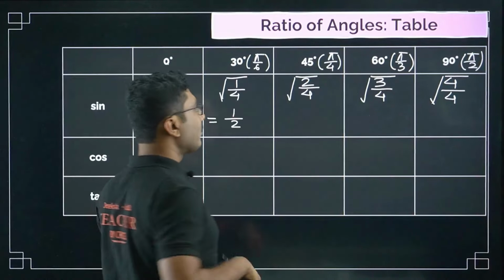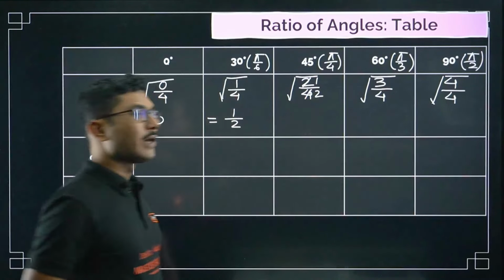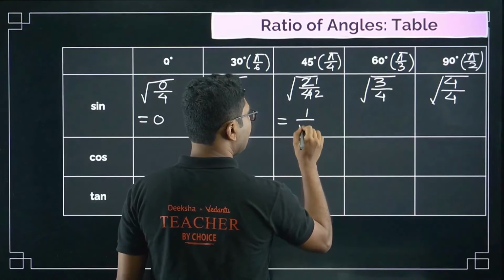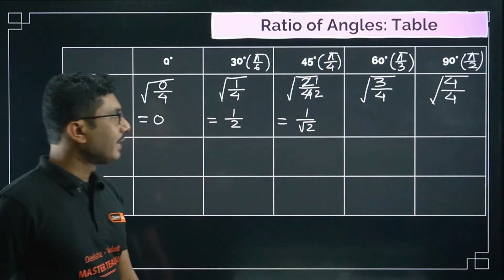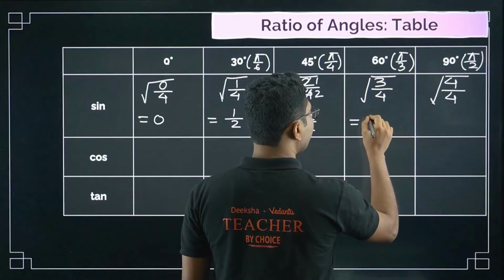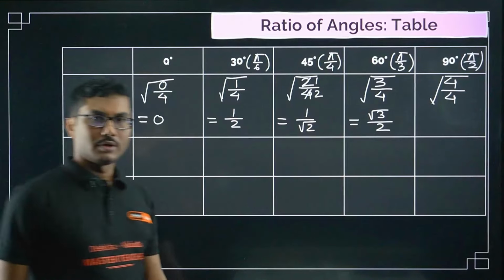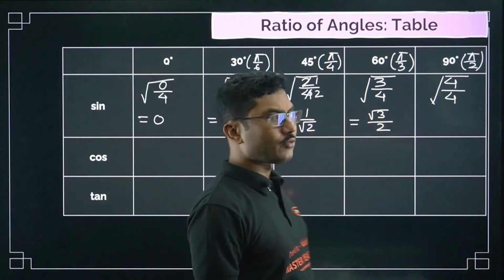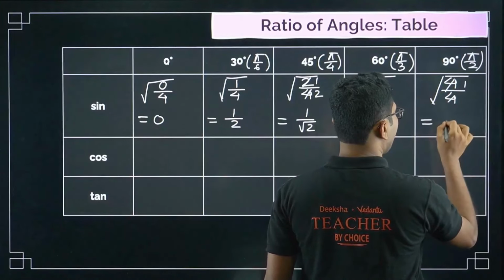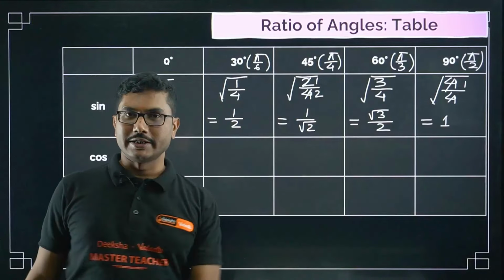So 2 by 4 means you can cancel one of them, so you get 1 by 2 square root, which is 1 by root 2, right? Root 3 by 4, root 3 you cannot take any root, so root 3 by 2. Okay, and 4 by 4 is 1, so 1 square root is 1. Okay, so these are all the values for sin theta.